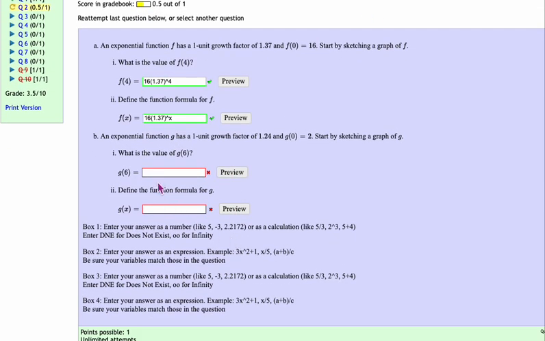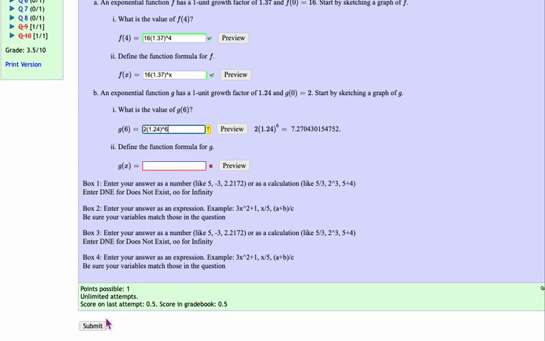Now we're going to do it again. What is the value of g of 6 if our starting value is 2 and our growth factor is 1.24? So it's going to be our starting value of 2, our growth factor in parentheses, to whatever power we're taking it to, in this case 6. Our exponential function, our input is our power.